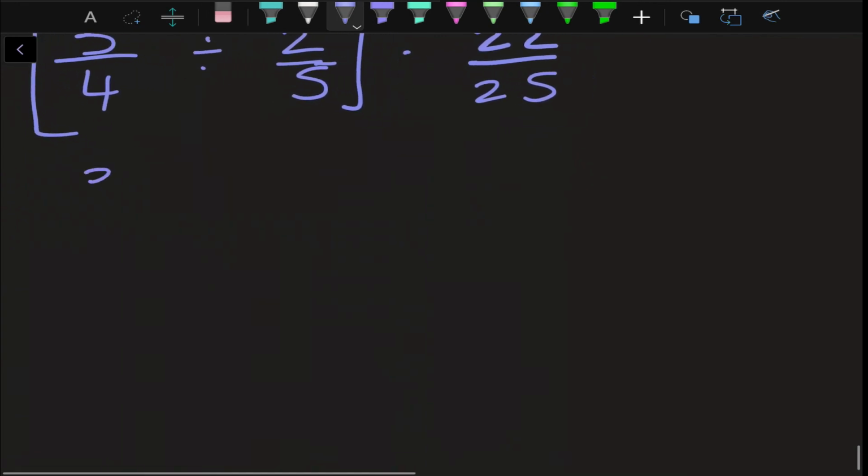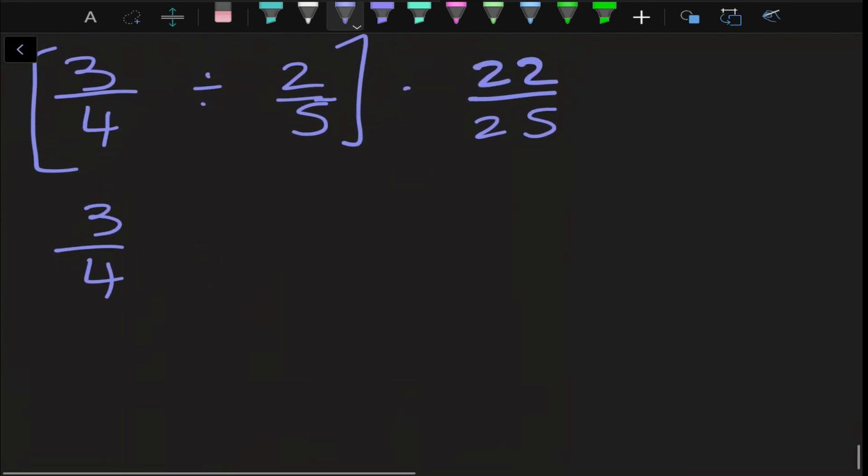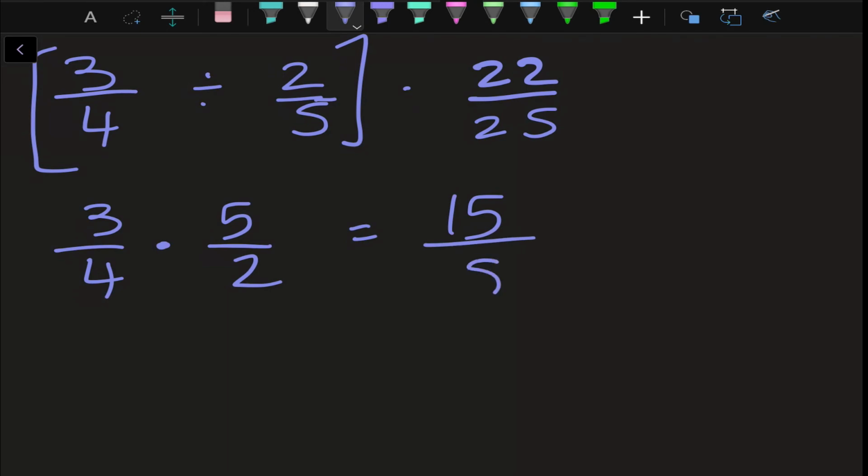Remember, with our division, we're taking the reciprocal, the flipped version of the second one, and multiplying it. So 3 over 4 times 5 over 2, which gives me 3 times 5 is 15, 4 times 2 is 8. I'm going to leave it improper because I'm going to multiply it by 22 over 25, right?